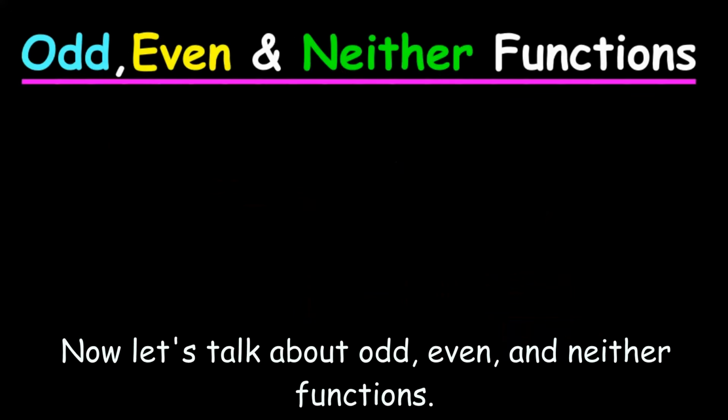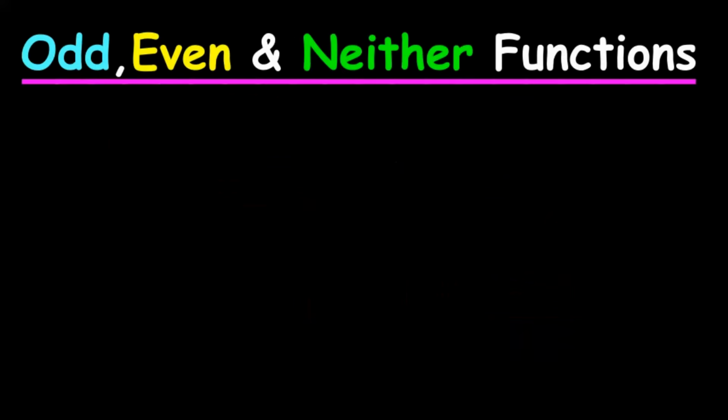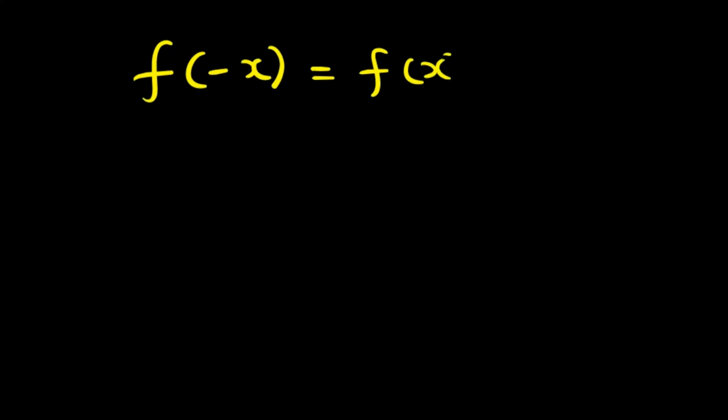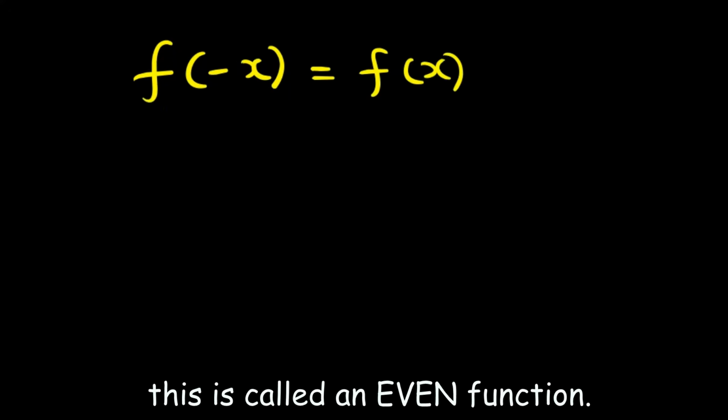Now let's talk about odd, even, and neither functions. Every time, let's say we are saying f of x is just the same as y, so don't forget that. Now if I've got f of negative x, and this is giving me f of x, this is called an even function.